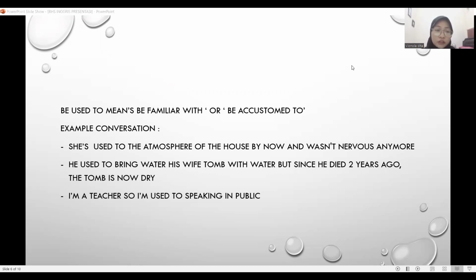Example sentences. Number 1. She's used to the atmosphere of the house by now and wasn't nervous anymore. 2. He used to bring water to his wife's tomb with water, but since she died 2 years ago, the tomb is now dry. 3.